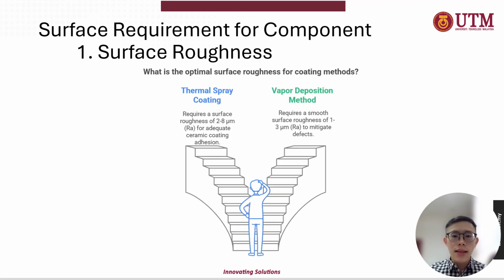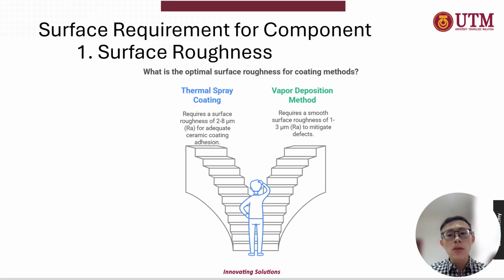The next one is more on surface roughness, a continuation. What is the optimal surface roughness for the coating method? It depends. For thermal spray coating, we require 2 to 8 micron surface roughness on the Ra scale for adequate ceramic adhesion.